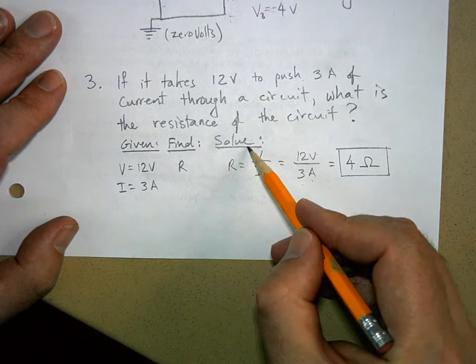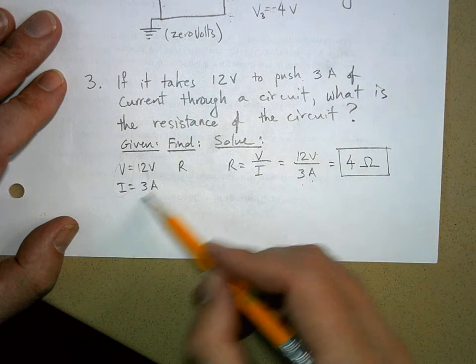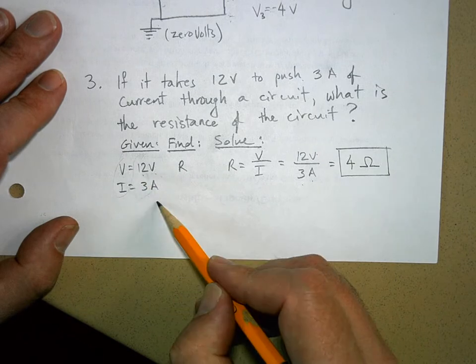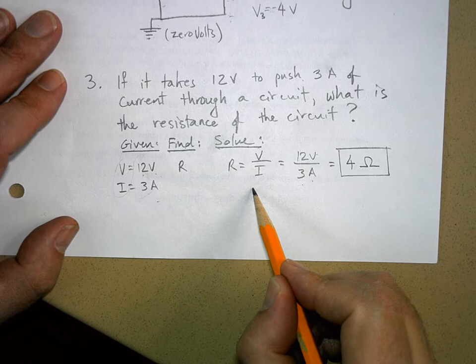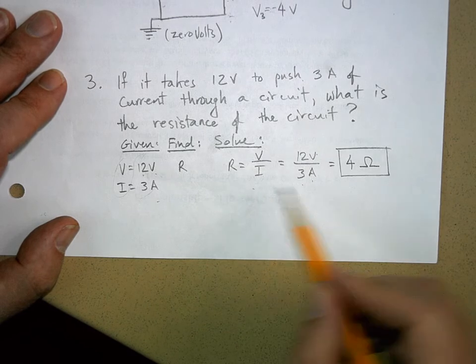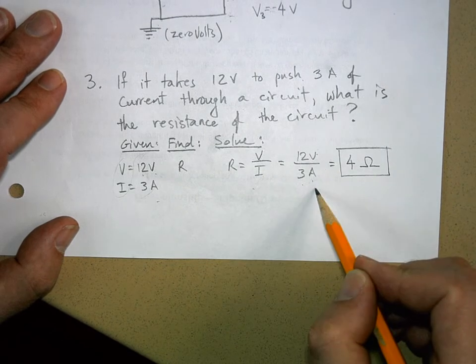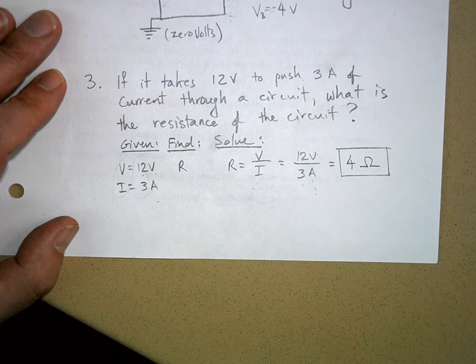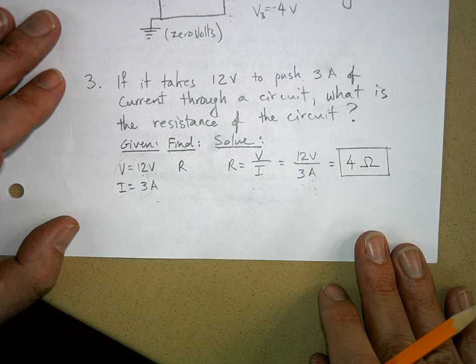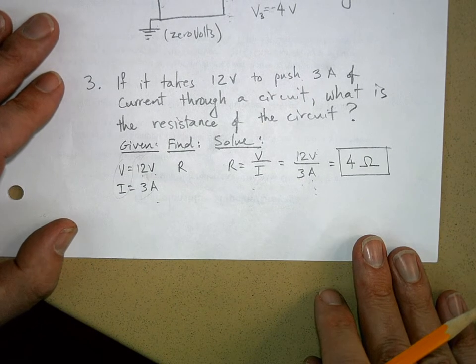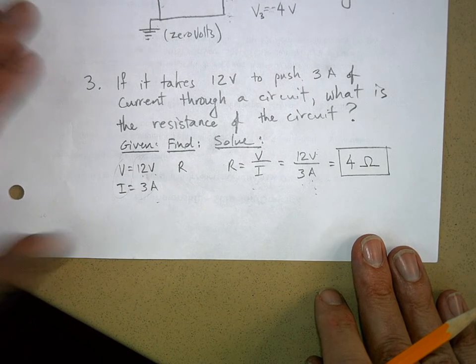Given, find, and solve with a variable, with the number, with the unit. So you have to use variables, numbers, and units. You have to write down the formula, plug in your values with their units, and give me the answer and put a box around it. Okay? So that's what you need to do. And we've answered all 3. Any questions? That is all.